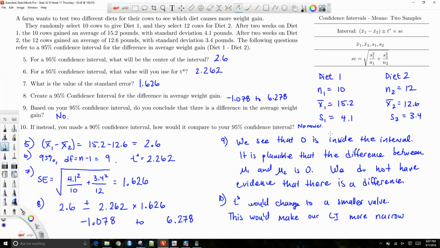How does this work? Basically, when we say I have evidence of a difference at 80% confidence, I'm less confident in my answer there, okay? It's like, how confident do you have to be before you take a stand and make an opinion?